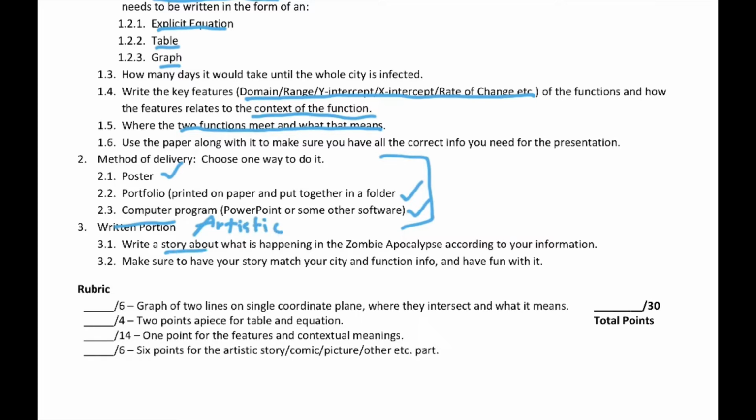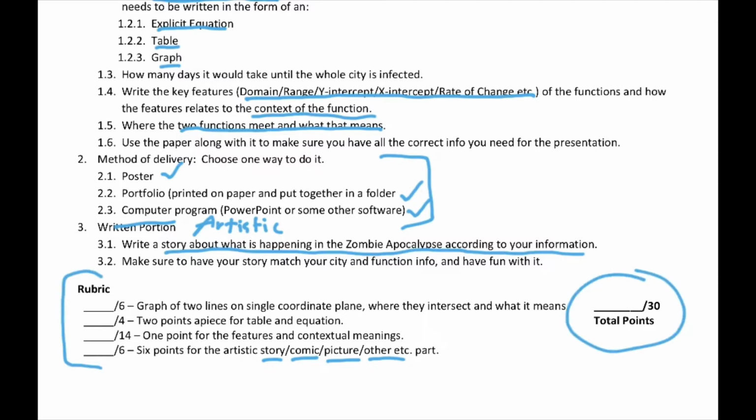Because you're either going to write a story about what is happening here, or I do allow some other things too. You could do a story, or maybe a graphic novel, comic, a really cool picture, some other thing, and you'll need to talk to me about that. But here's the rubric of how things are graded and the total points it is. Okay, so let's take a look at that example now.